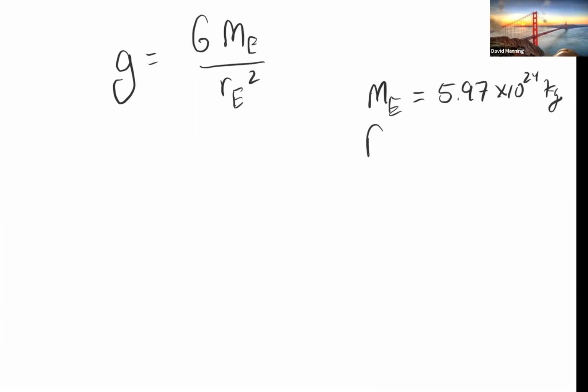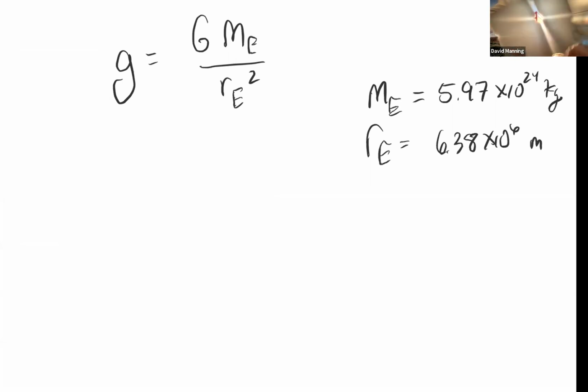And the radius of the Earth, I think is 6.3 times 10 to the 6. Pretty sure. I think I got the chart right here. No. Oh, there it is. So the radius of the Earth is 6.38 times 10 to the 6 meters. So I was pretty close.